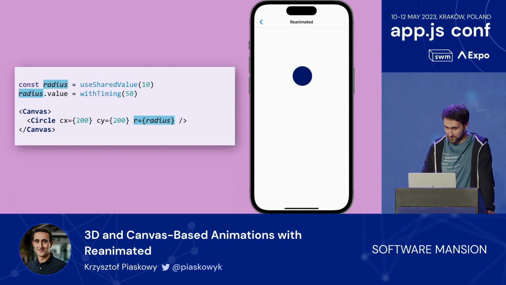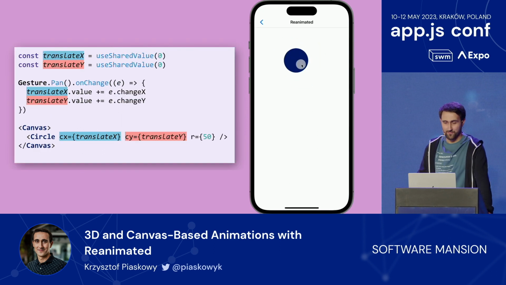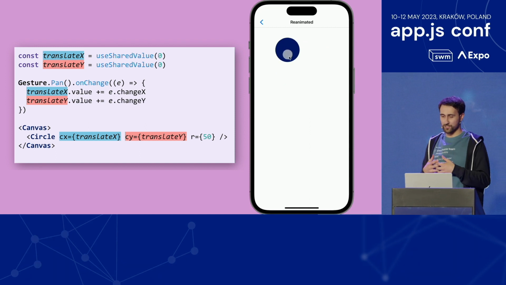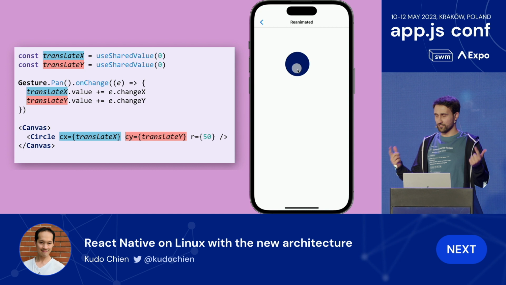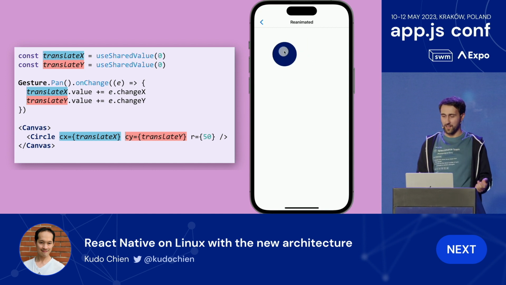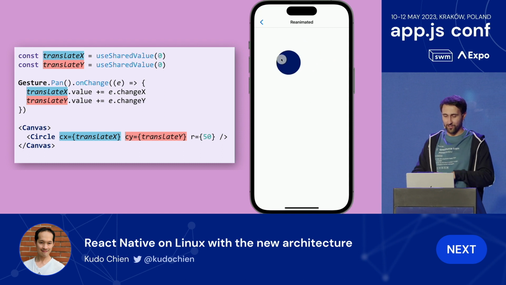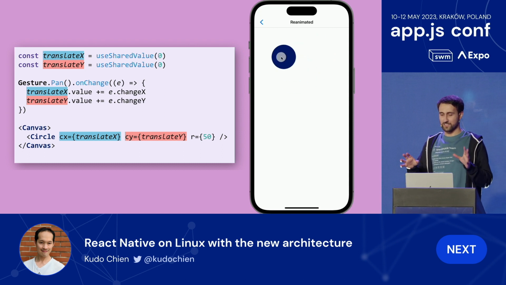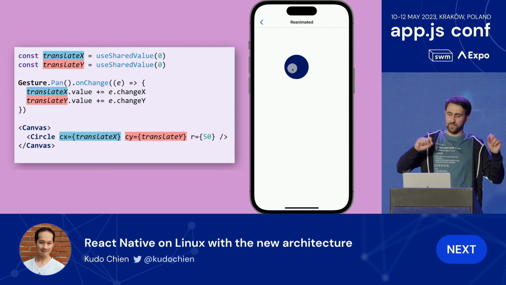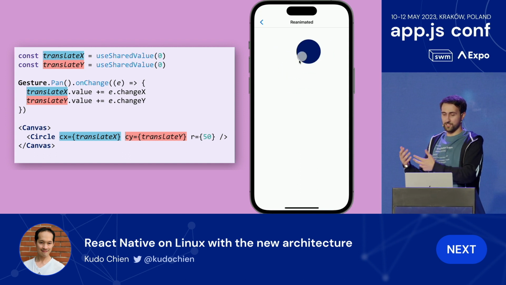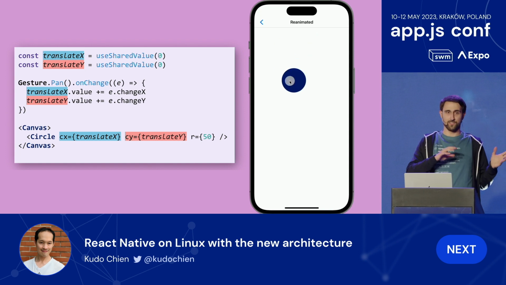But what about gestures? Of course, it's also possible. One of Software Mansion's open source goals was to provide a single, consistent, and simple API for gestures and animations. Now, all you need to know is just the API of Reanimated and Gesture Handler, and you can simply use it in many different scenarios with different libraries.